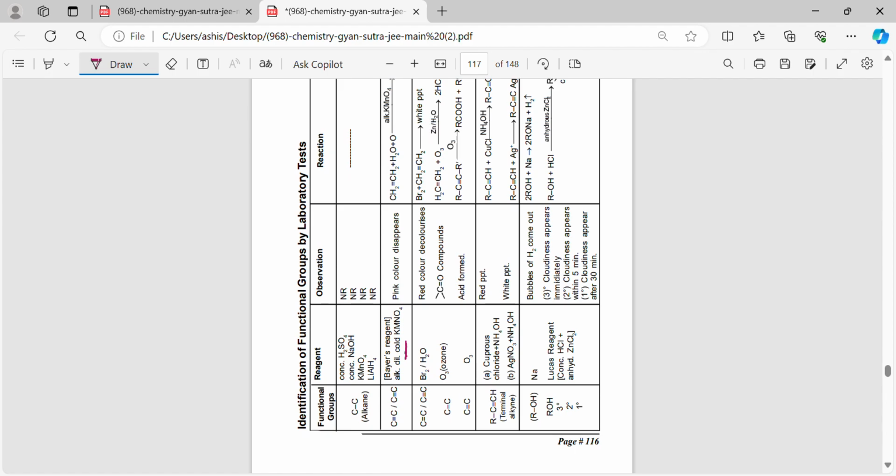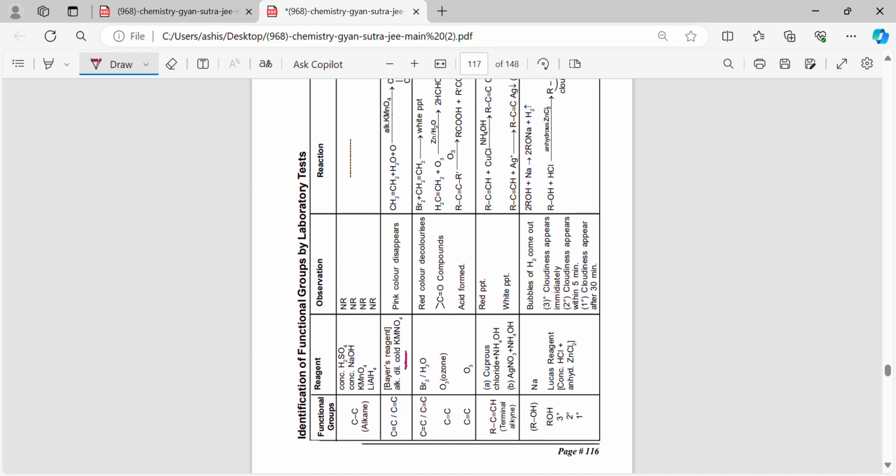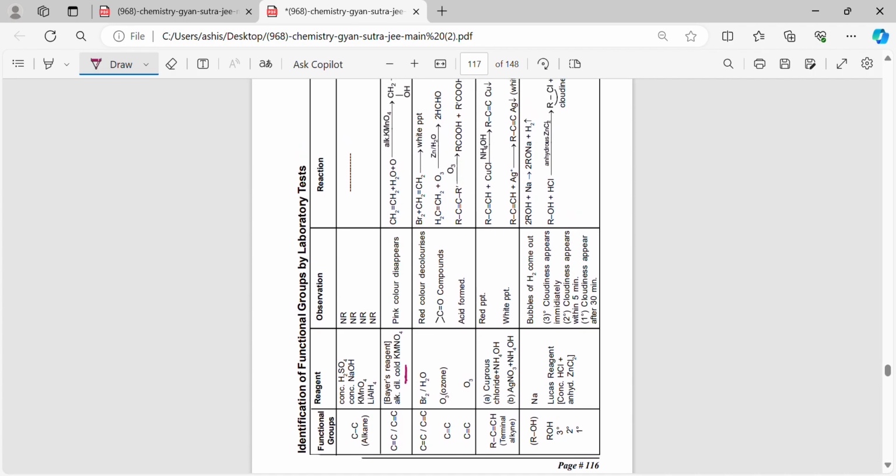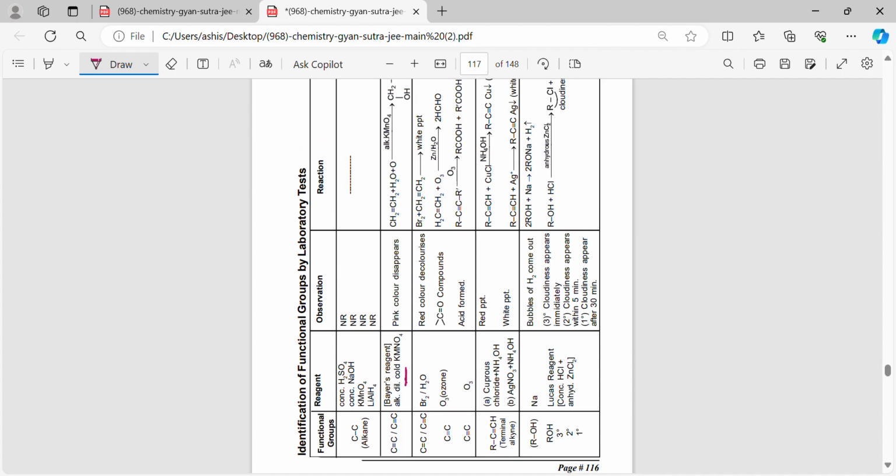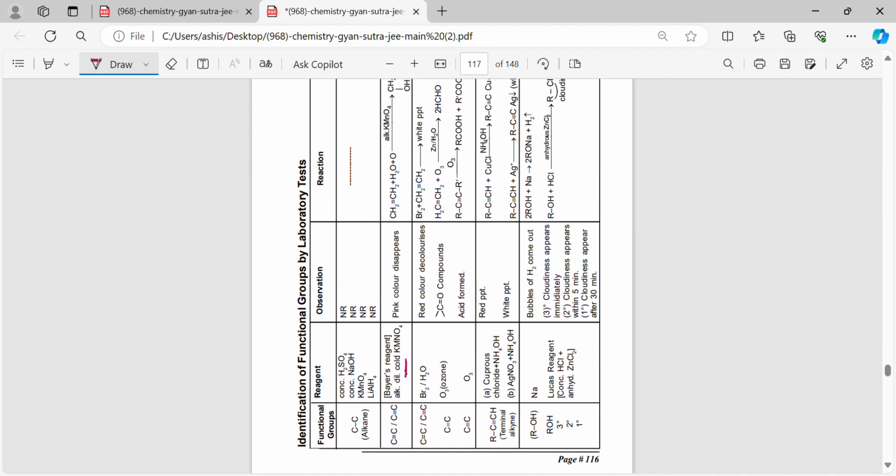Then alkene and alkyne can be identified using bromine water also. The red color of bromine water will decolorize when it reacts with an unsaturated compound like alkene and alkyne. Then terminal alkyne can be distinguished or identified using cuprous chloride plus NH4OH.